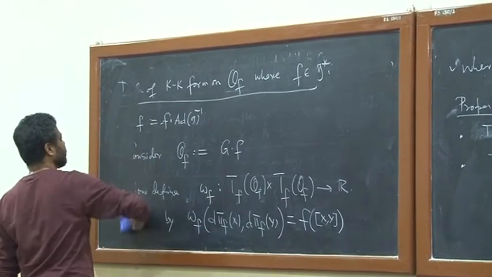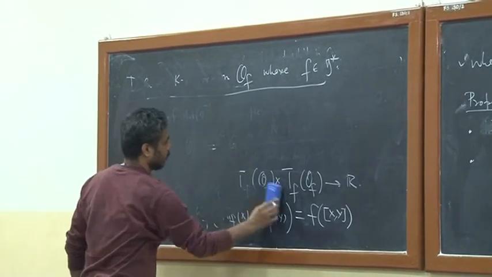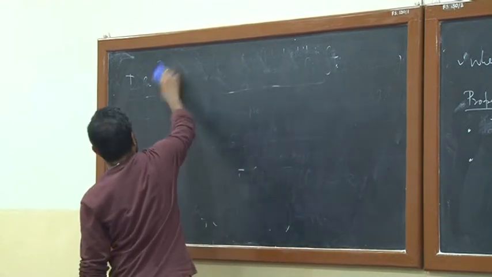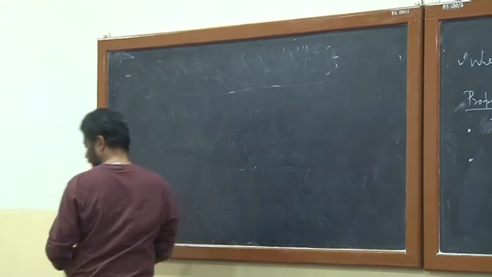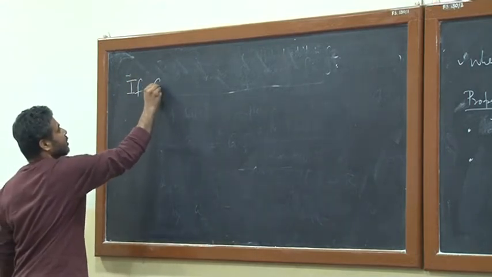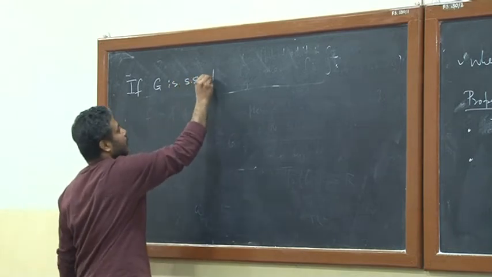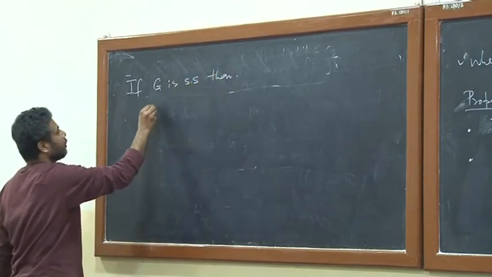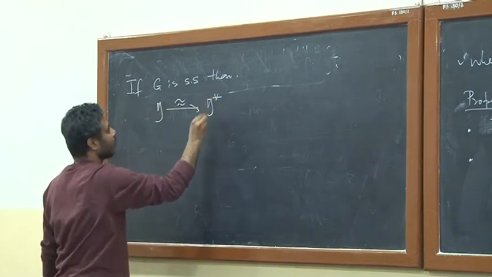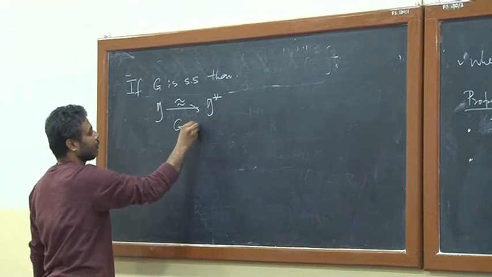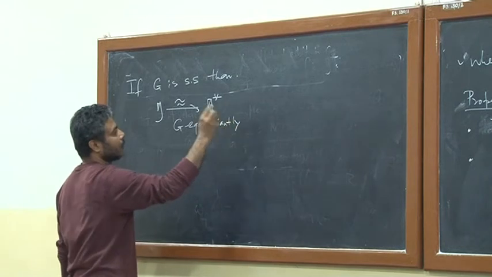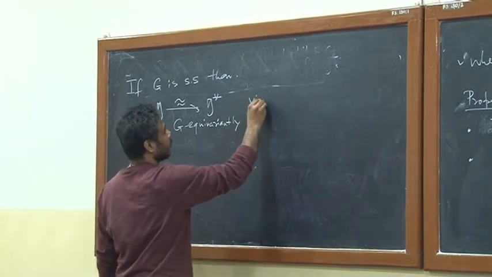But if G happens to be semi-simple, via the Killing form.